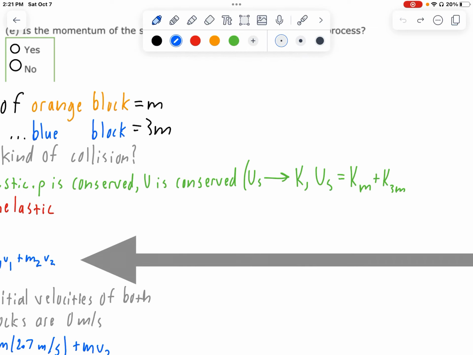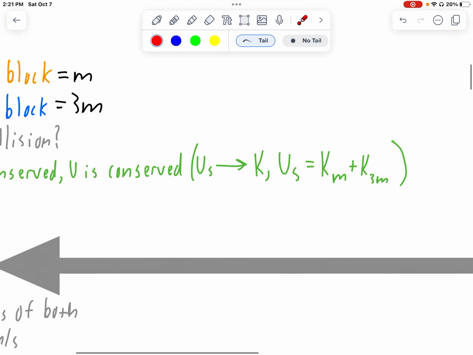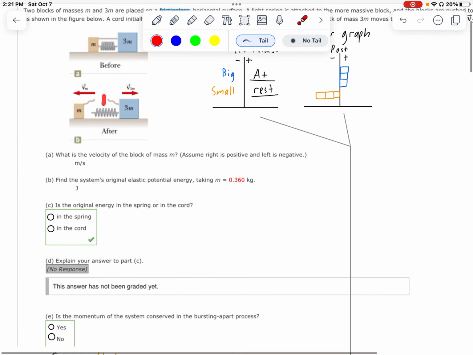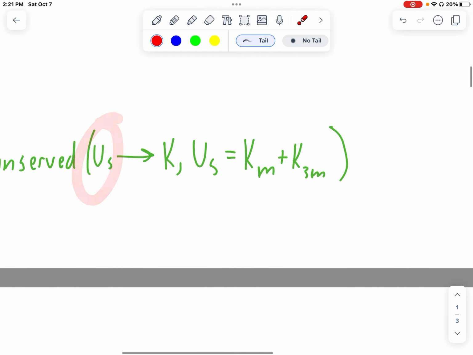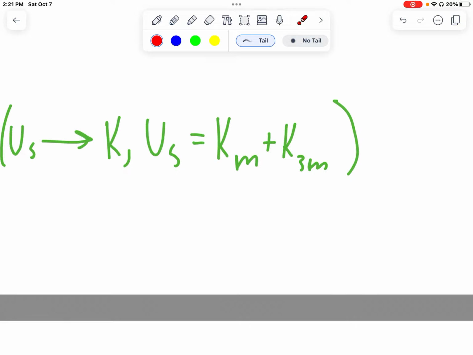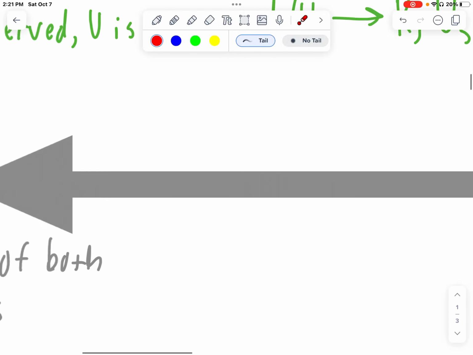Well, we know that the elastic energy in the spring is going to be transferred to kinetic energy once the string is cut. This is just for your understanding, but the elastic energy will equal the kinetic energy in block 1 and block 2.